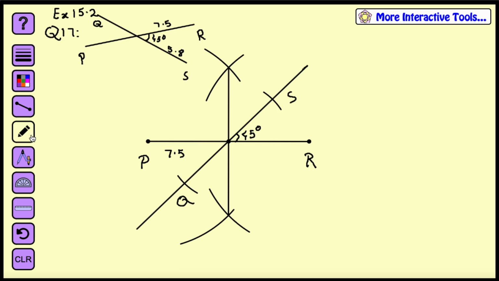Now what you can do, join this point, this, and we get the parallelogram PQRS where the angle between the diagonals is 45 degrees. Done.